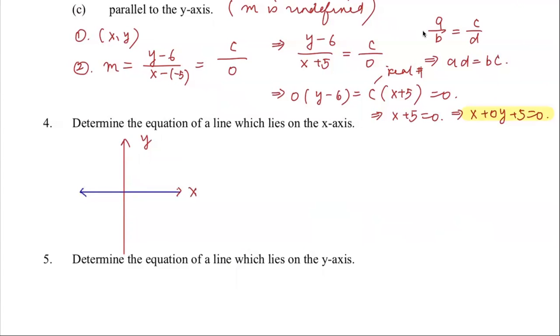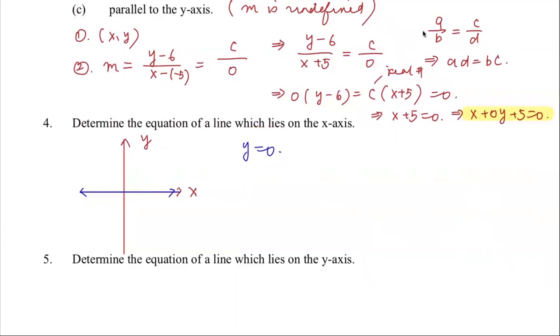So this straight line. Okay, there isn't much to talk about. The equation is y is equal to 0. Why? Because all the points on this straight line have the same y coordinate, which is 0, right? But the x coordinates are different. Okay, so the equation is just y is equal to 0.